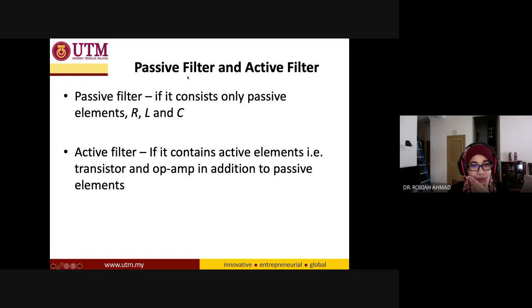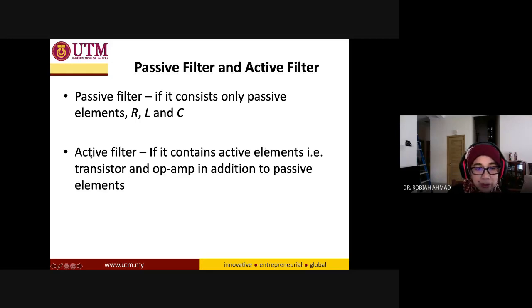In this class, we only look at passive filters. What does it mean by passive filter? A passive filter consists only of passive elements, which are resistor, inductor, and capacitor. Very simple. What about an active filter? An active filter contains active elements, for example, transistor and op-amp. Op-amp is usually used for an integrator or differentiator, in addition to the RLC.